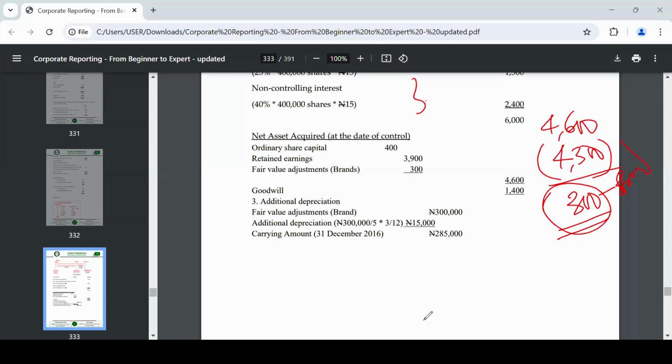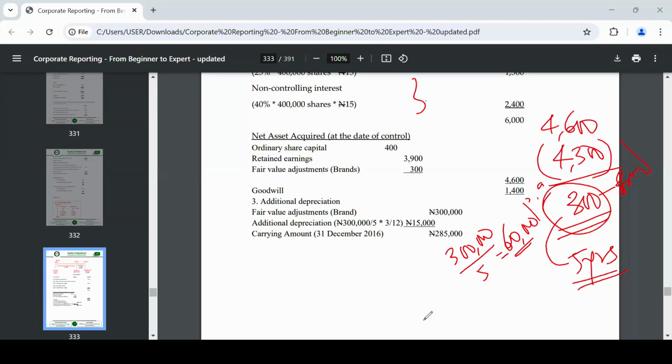However, they told me that the useful life of this brand is going to be 5 years, meaning that it will have a yearly amortization of 300,000 divided by 5, which is equal to 60,000 per annum.